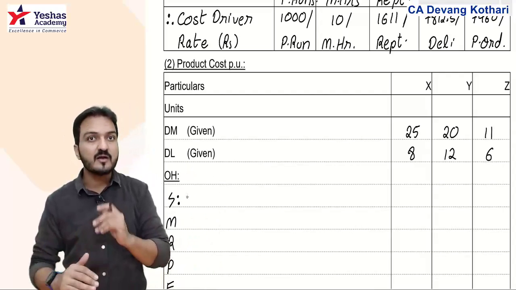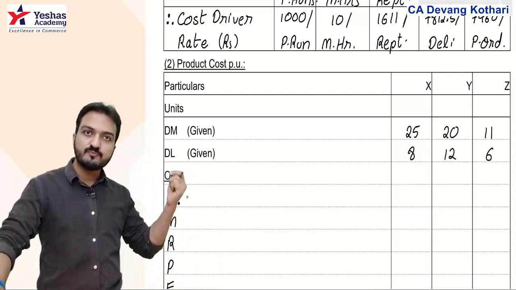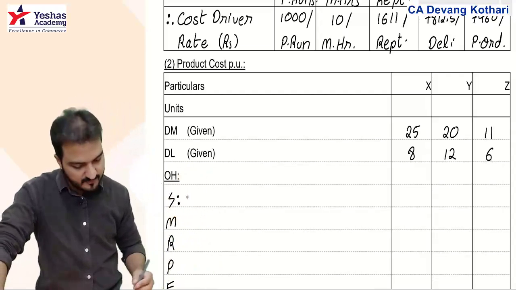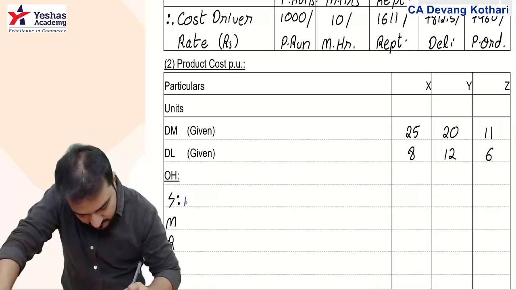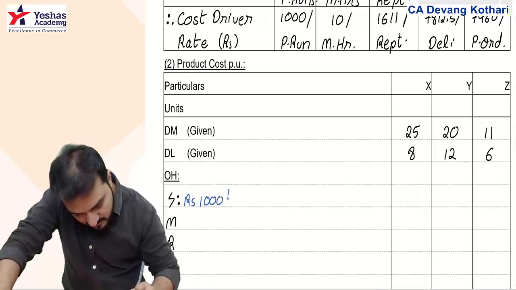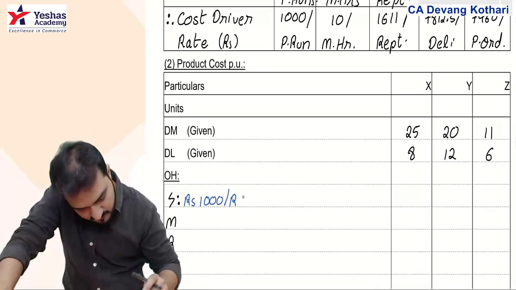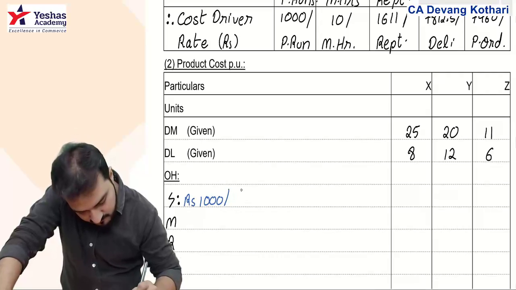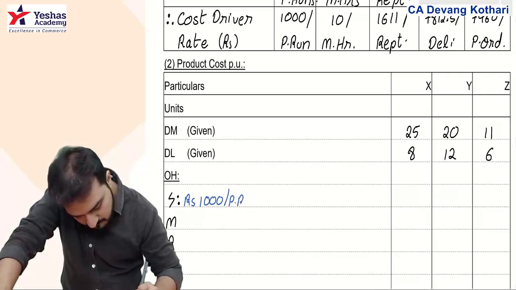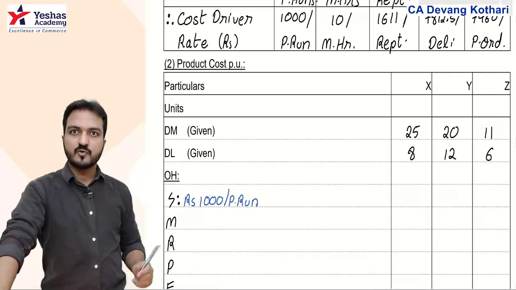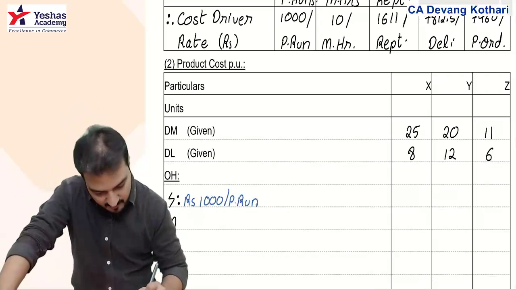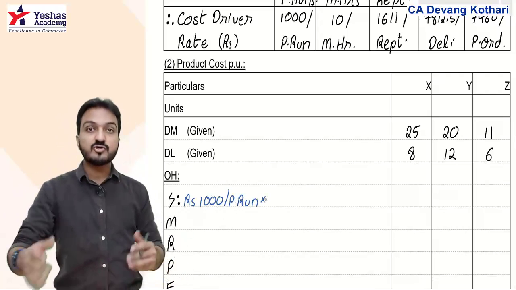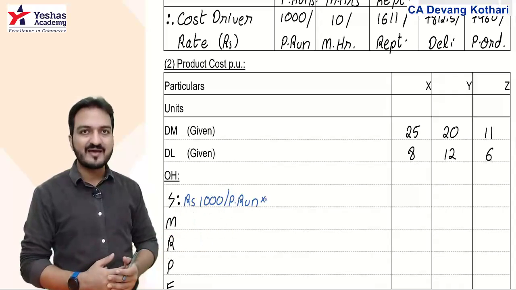Now using that rate, I will add setup cost to product X, product Y and product Z. The rate I found was rupees 1000 per production run, multiplied by something should give me the cost of X, Y and Z.